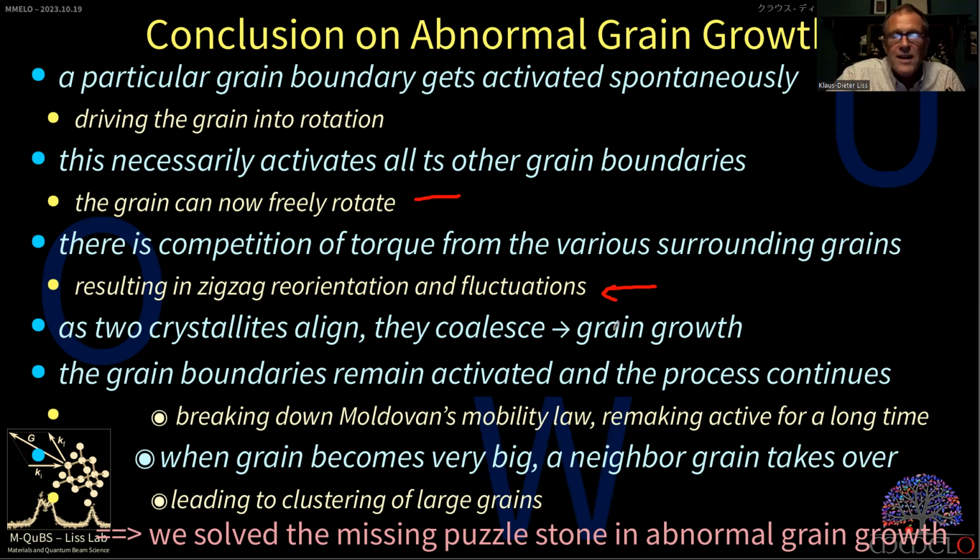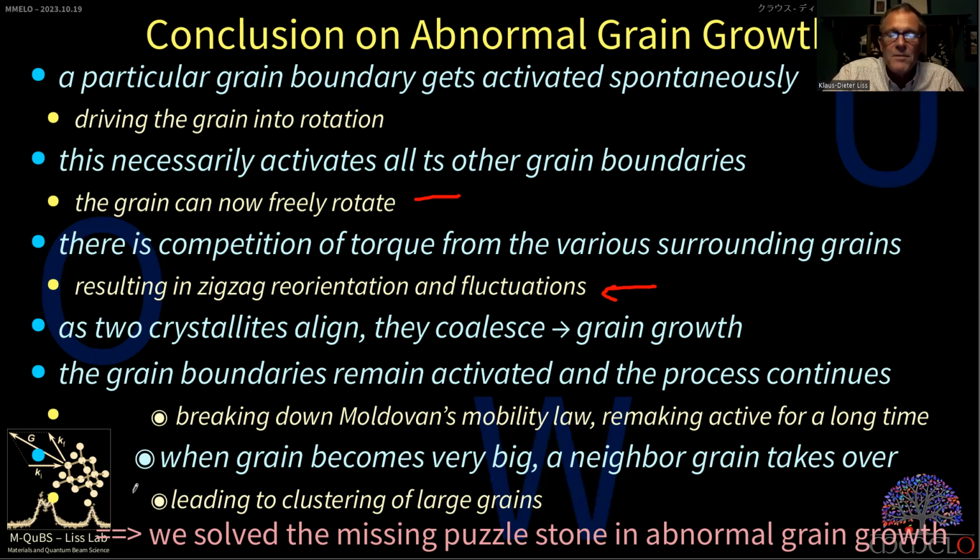And as two crystallites align, they coalesce, and this is the grain growth. The grain boundaries remain activated and the process continues, breaking down Moldovan's mobility law, remaining active for a long time.